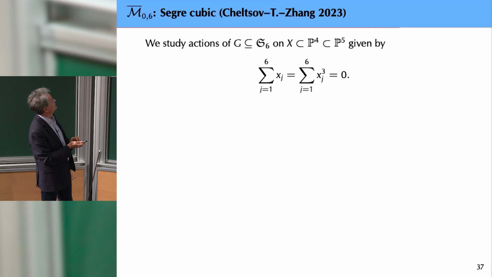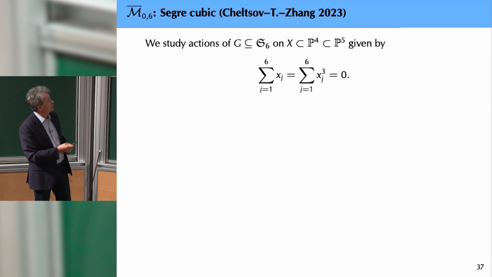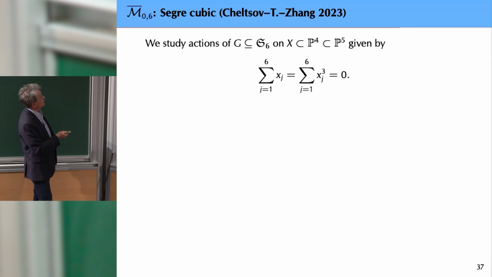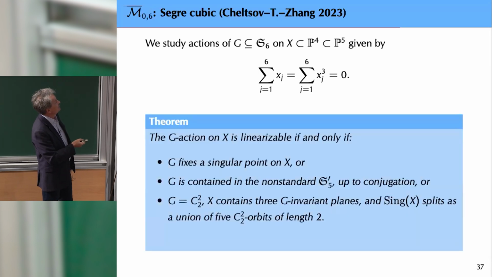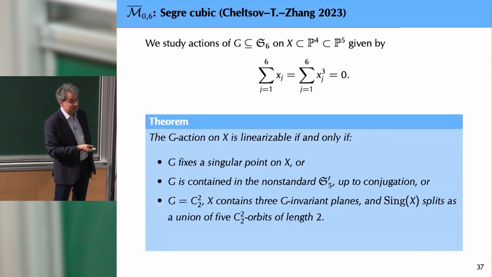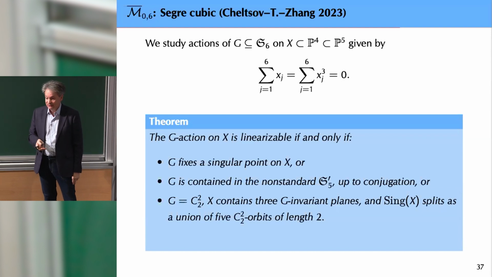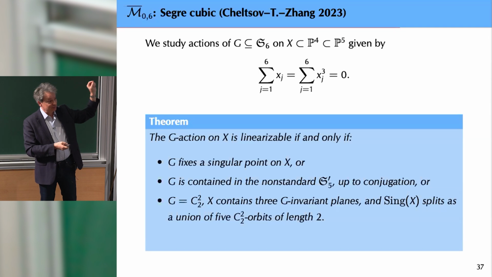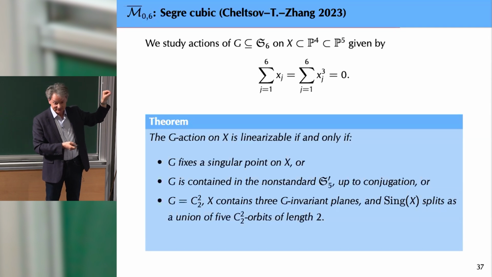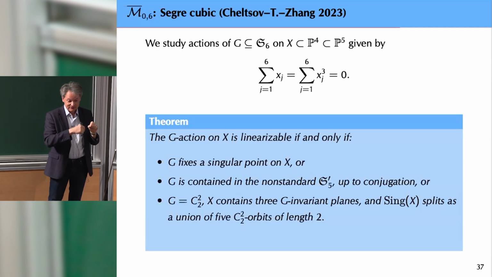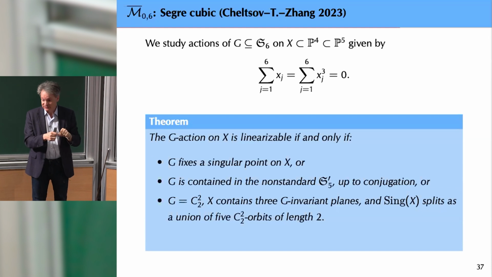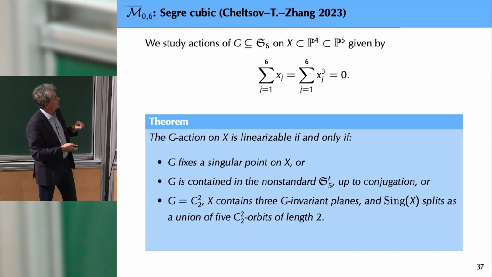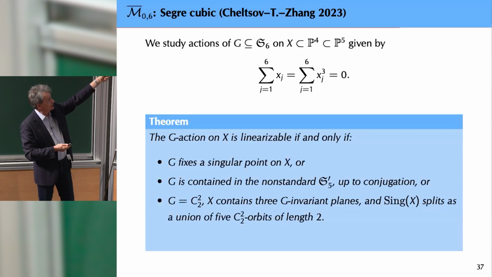All right, so how about M06? For M06, here is the presentation as a Segre cubic. And we were able to completely answer the question of what's linearizable and what's not. And of course, if you have a G-fixed point among the singularities, then you can project equivariantly from that singularity. That gives you a birationality construction to P3. But there is also another possibility.